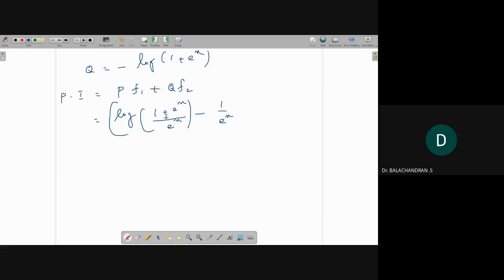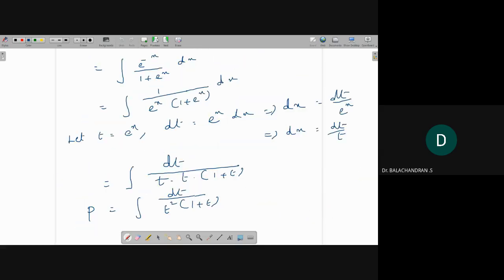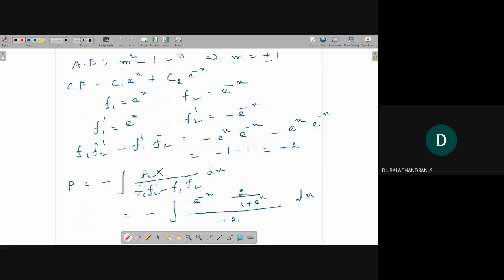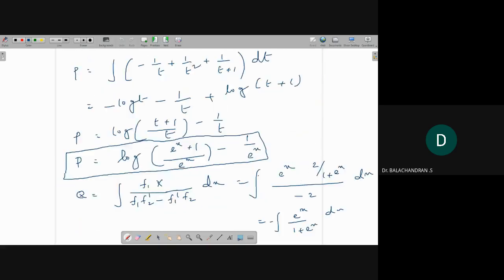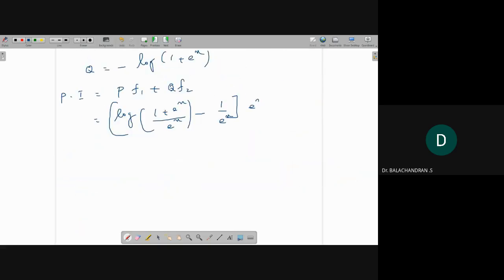So P into F1, F1 is e power x, plus Q. Q is minus log of 1 plus e power x. And F2 is e power minus x. Please check it.